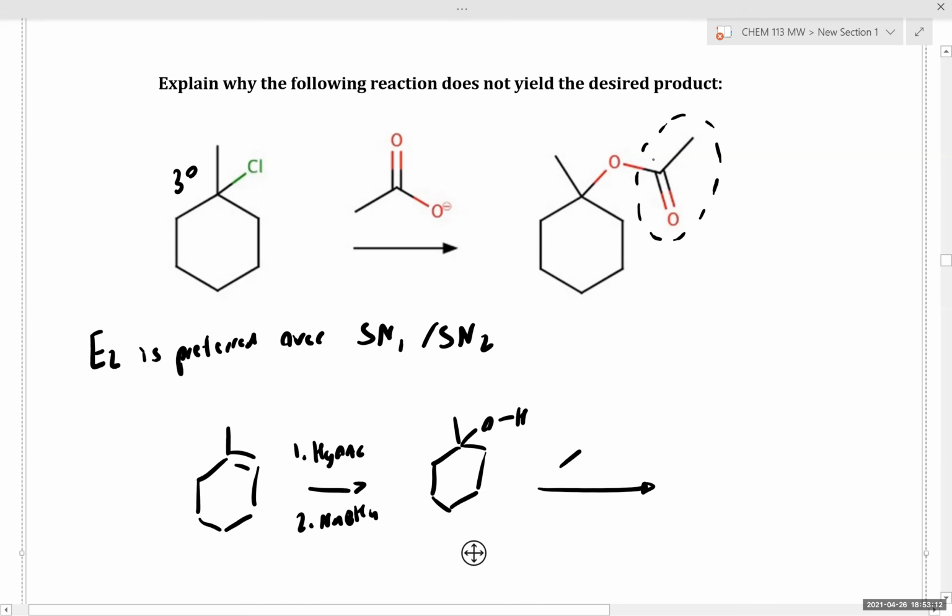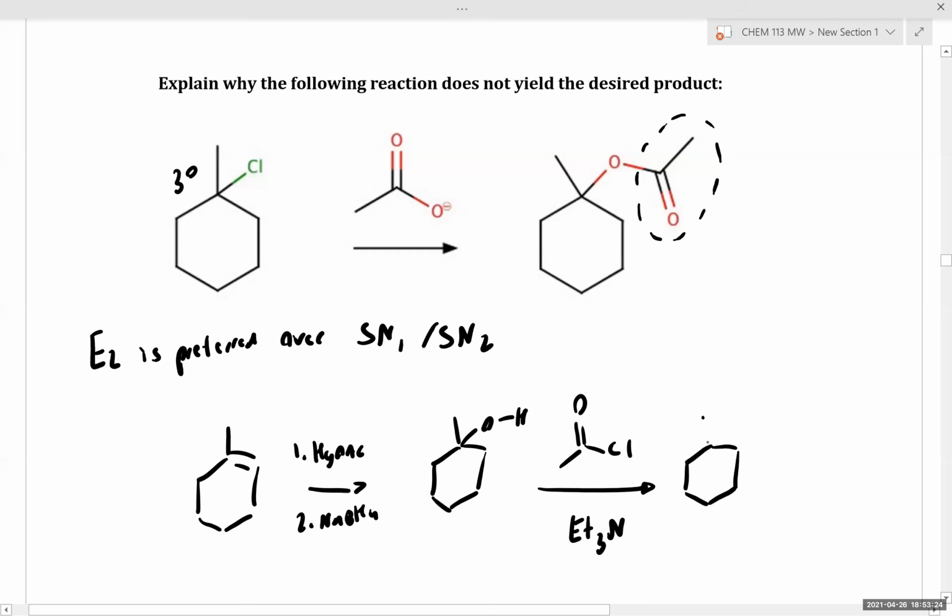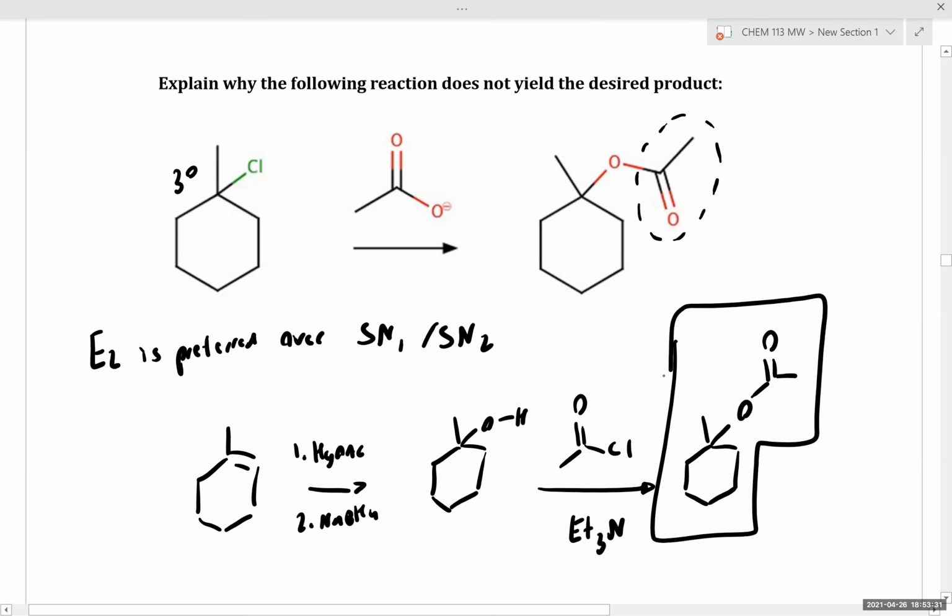You'd get elimination if you add thionyl chloride. But if you use, for example, acetyl chloride and triethylamine, yeah, these conditions will work great. And that would give you your desired acetylated alcohol.